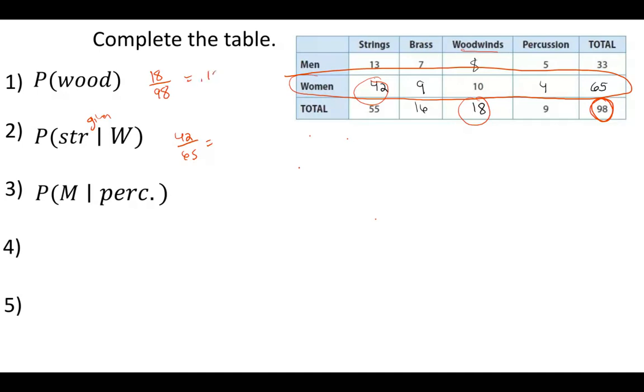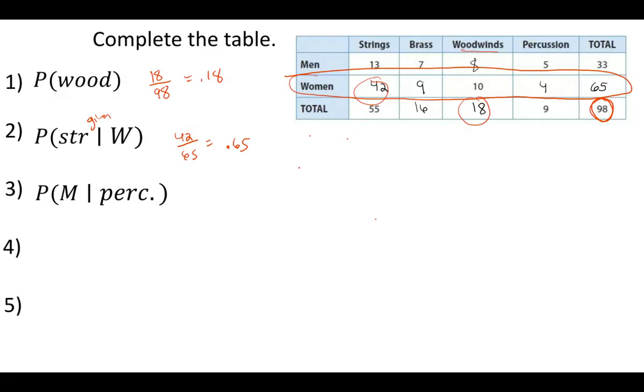Top one we get 0.18, and the next one we get 0.65. So 65% of the women apparently like stringed instruments. So assume that would be like violin, cello, bass, I guess, or guitars, whatever.